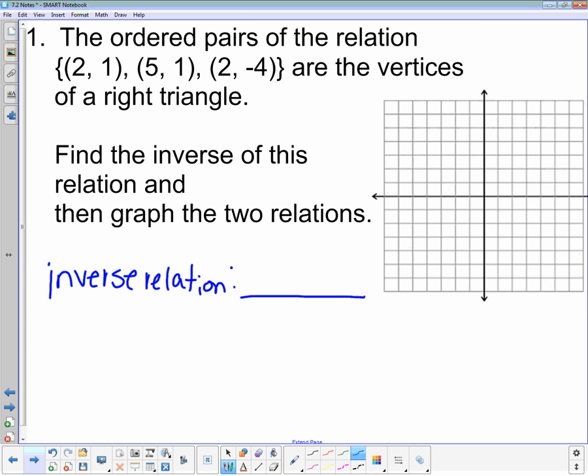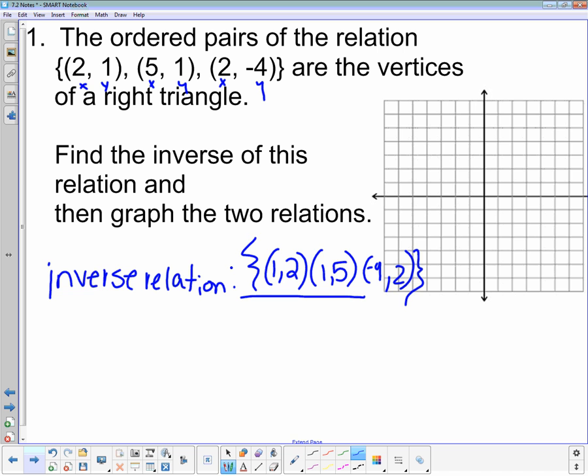Switching these, we have (1, 2), (1, 5), and (negative 4, 2).